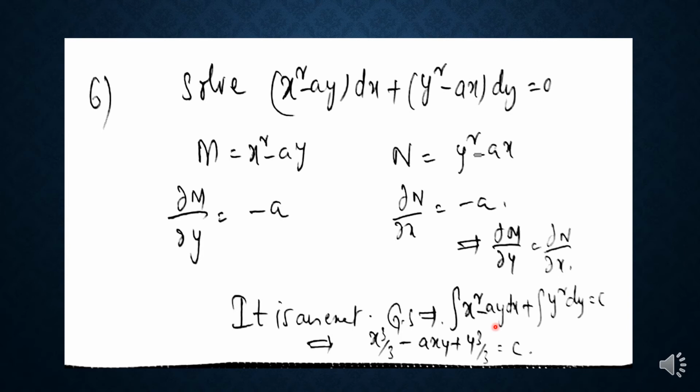integral M dx plus integral N dy is equal to c. So what is integral M? Integral x² minus ay dx plus integral, here we will take the terms free from x, that is y² only. So y² dy is equal to c. By integrating this function, dx is with respect to x, and y will be treated as a constant.